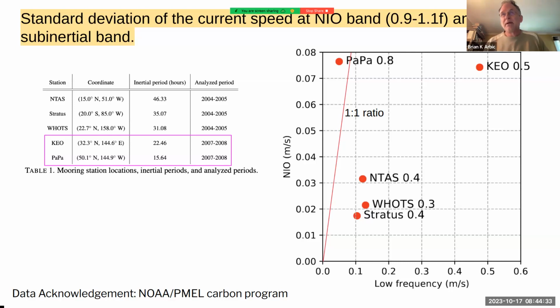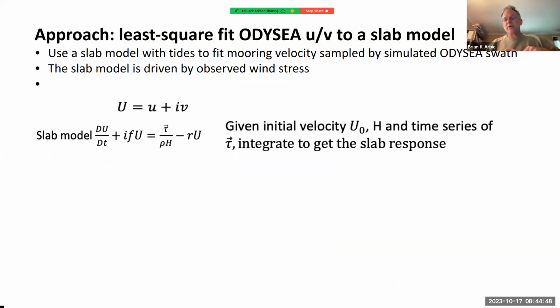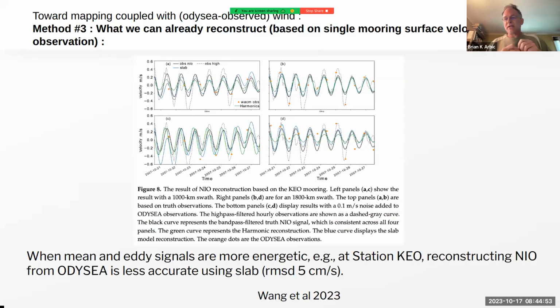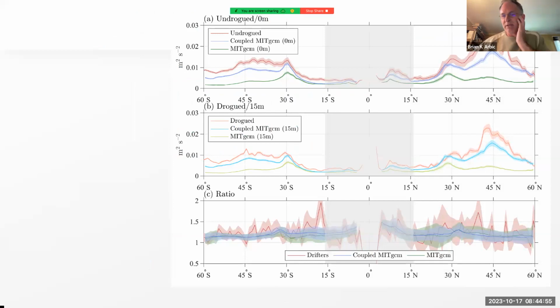We can basically map internal tides on a wiggle by wiggle basis on a global scale with the same level of accuracy as Ed Zaron's empirical model. So I don't have great intuition about whether near-inertial velocities are easier or harder than internal tide SSH. But if we can do internal tide SSH, we could probably at least give a try to get phase accurate near-inertial oscillations in an operational model.